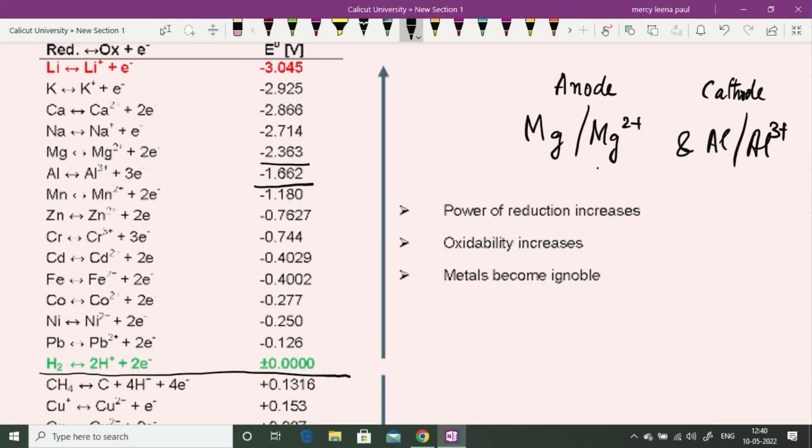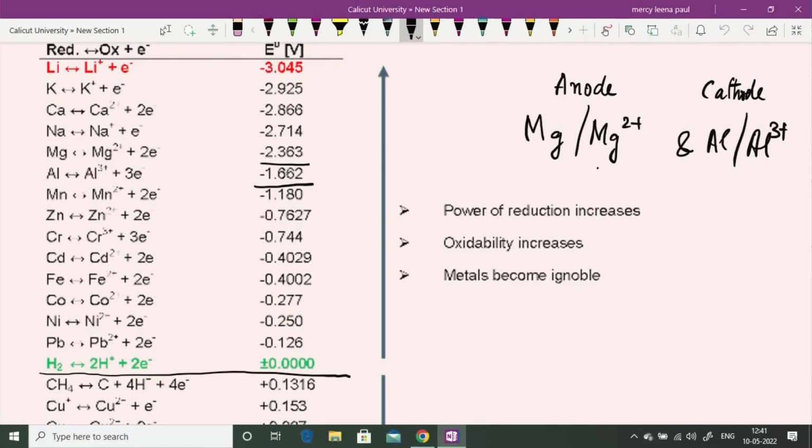Like that you can take any pair. The one lying above will get oxidized and the other one will be reduced, because as we come down the tendency to get reduced is greater. And one more point: if a substance likes to get reduced, it takes up electrons and acts as an oxidizing agent.